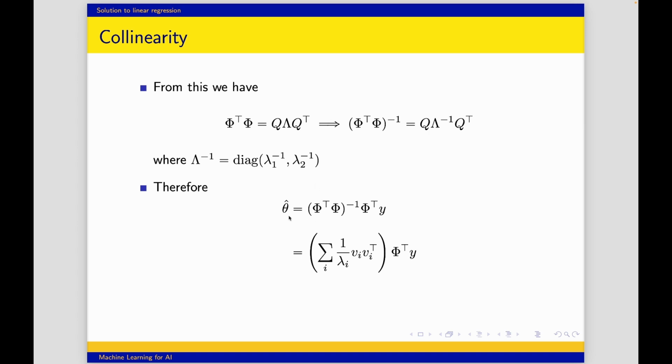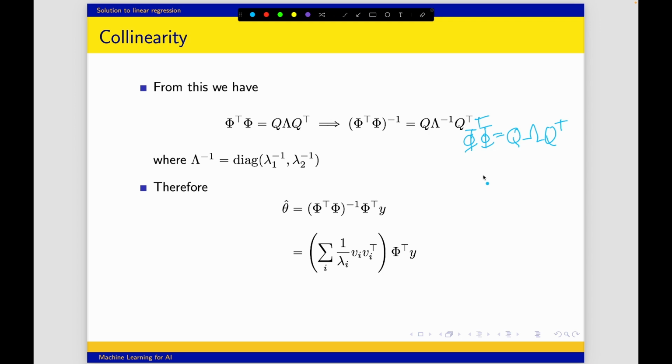So what is our ordinary least squares or empirical risk minimization with a square loss solution? It's this thing here, which we can write as follows. So when I decompose Q lambda Q transpose, this phi transpose phi is equal to this.